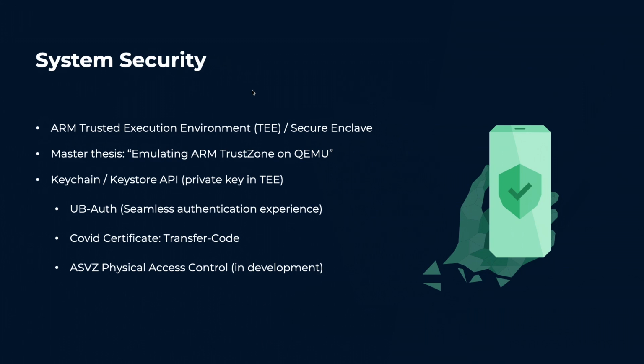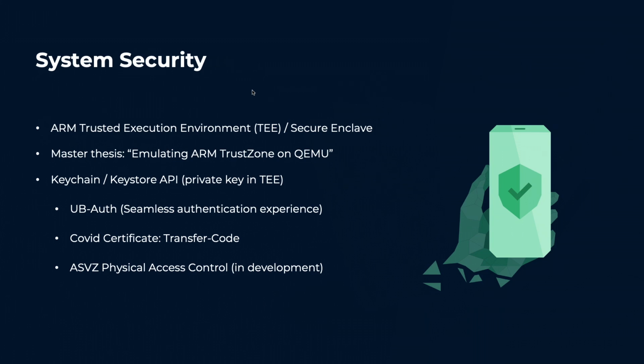In the secure world, you can put a small microkernel and store secrets, generate secrets safely, and provide an API to the non-secure world without having the secrets ever leave the secure world. So the API provides a way to maybe sign something or encrypt something, but it never reveals the secrets for that.